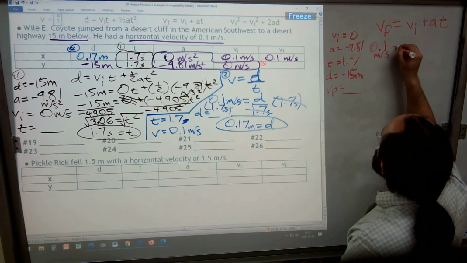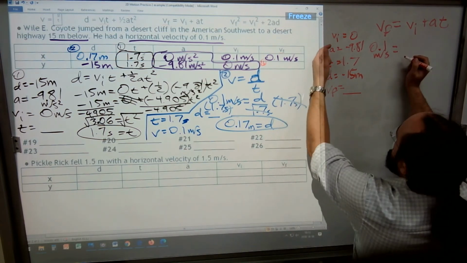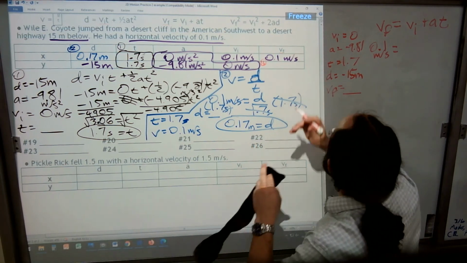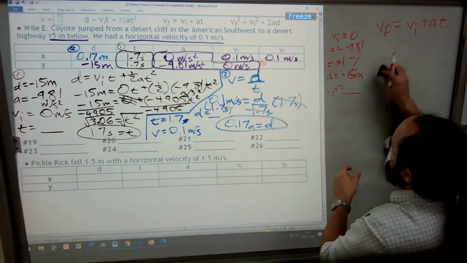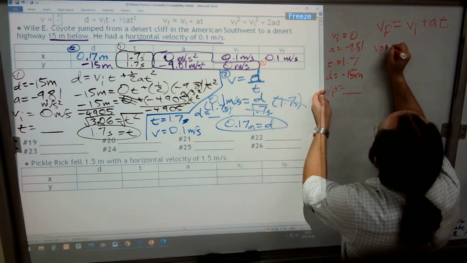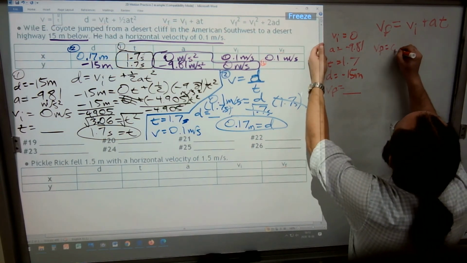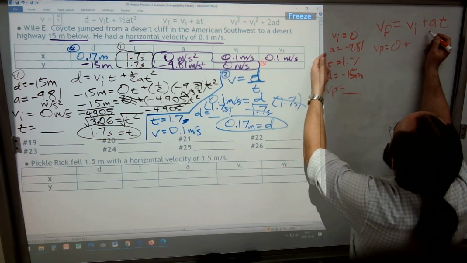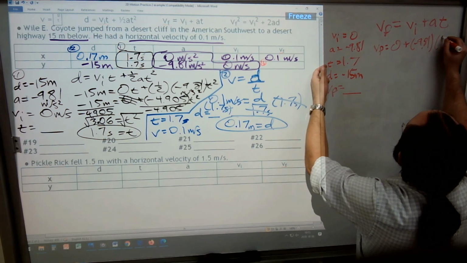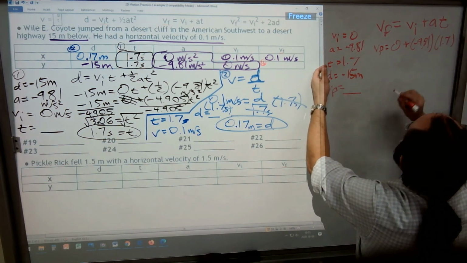Where am I? No, it's not. I almost used the horizontal values. Let me look right here. Now I'm doing it right. Initial velocity is 0, acceleration is negative 9.81, and time is 1.7 seconds.